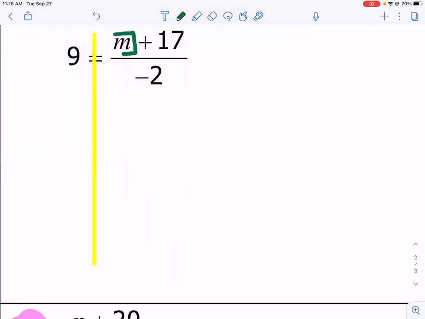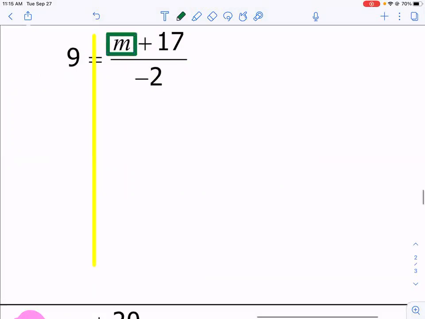Okay, here is my variable M. Now, do you agree that 17 is closer to M than negative 2? Okay, since 17 is closer to M, it's the last thing to go. Negative 2 needs to be the first thing to go. All of it, M plus 17, is being divided by negative 2.